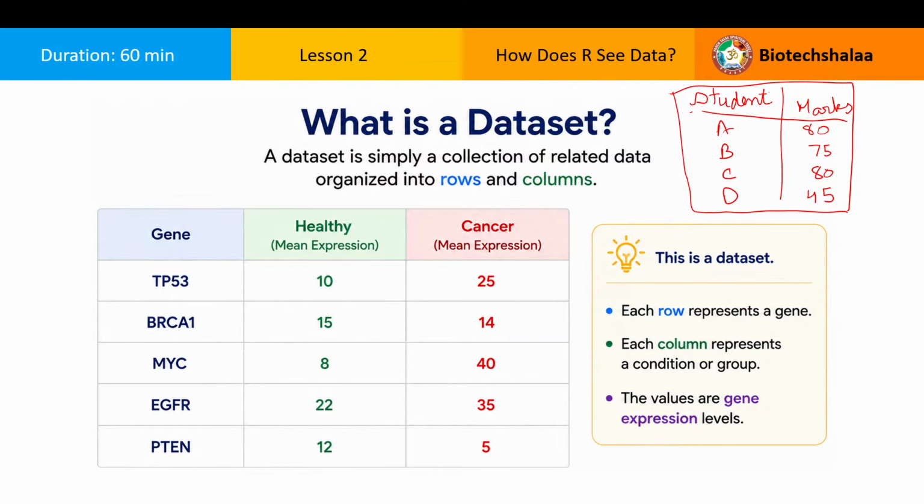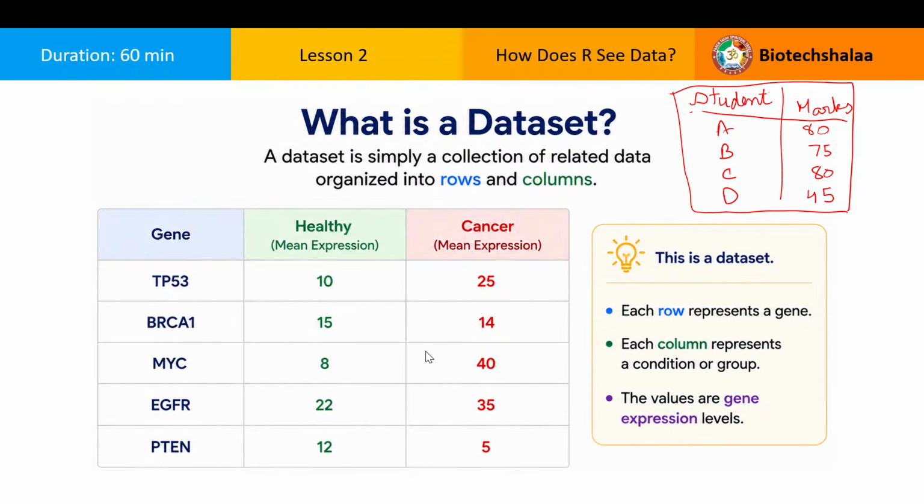Now, why is this important? Why are we talking about data sets so much? Now that we are getting closer to R, again imagine that someone gives you a data set with 30,000 genes. Can R analyze it? Obviously R can analyze it, but first R has to read the data set.